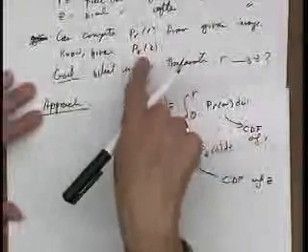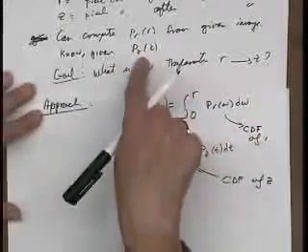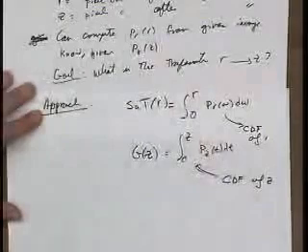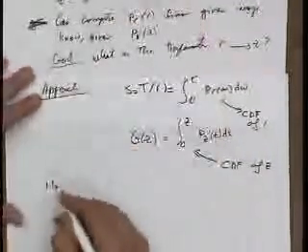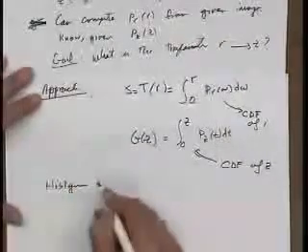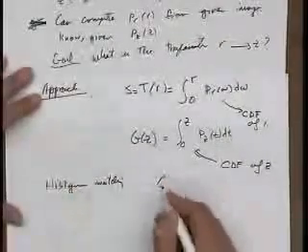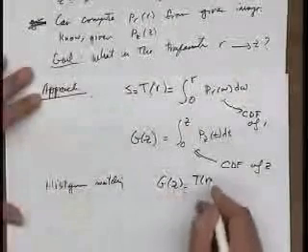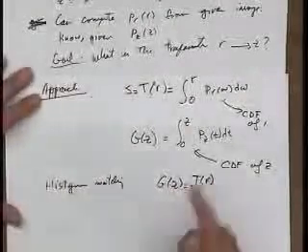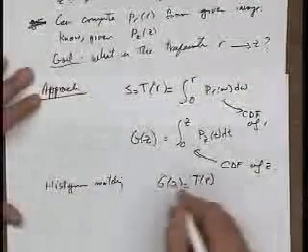And our goal, remember, is that because we want the output to have the distribution of Z, histogram matching corresponds to G of Z being equal to T of R. That's really the transformation.